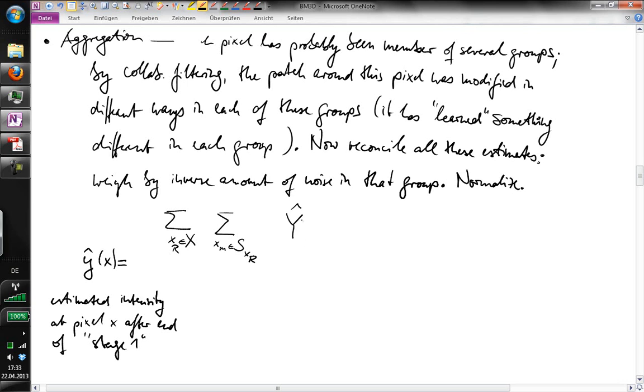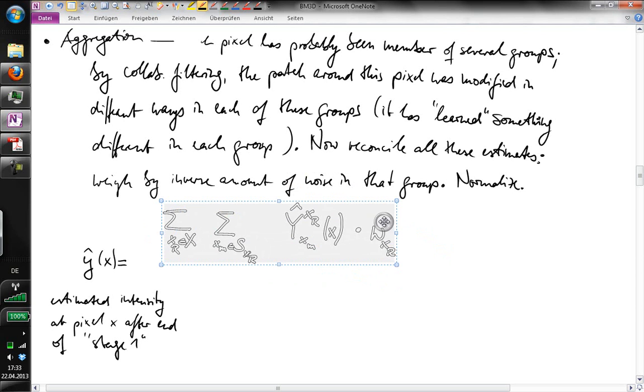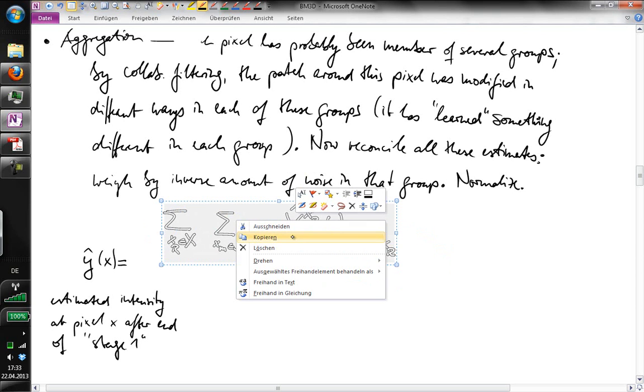And we average the pixel values found in those different patches. And importantly, we weigh with the inverse noise level of that group. All right, that was the numerator. And then we have to normalize.